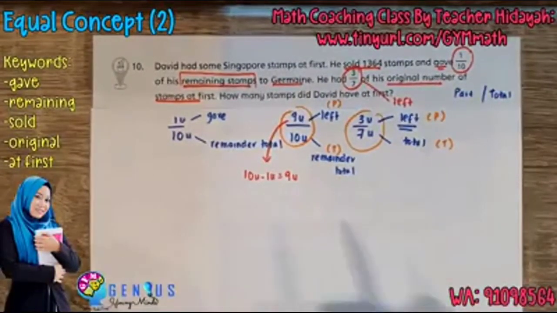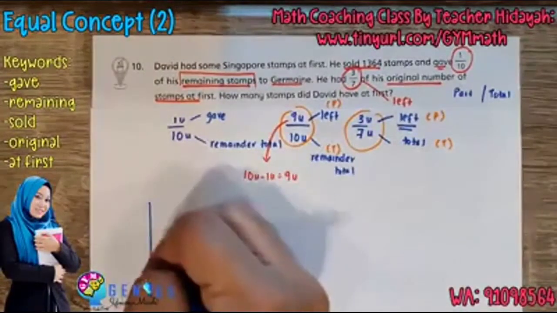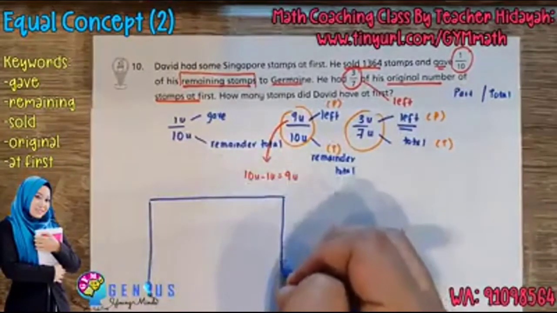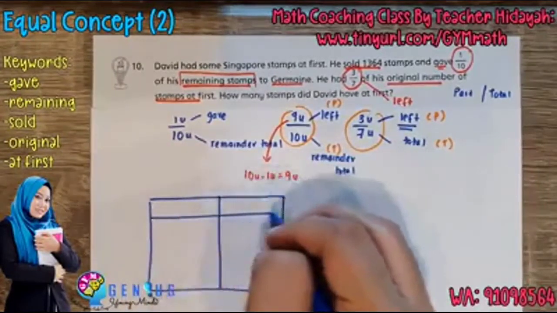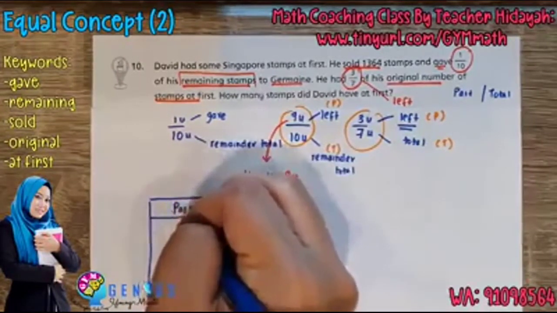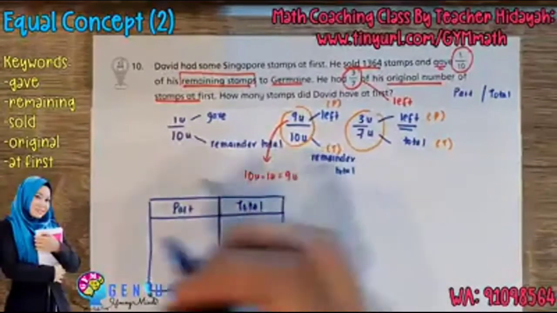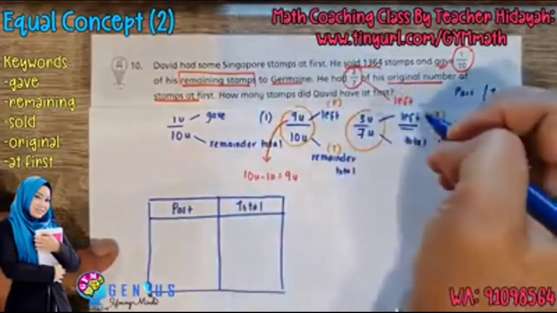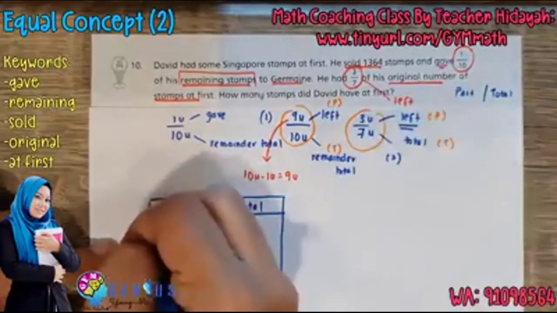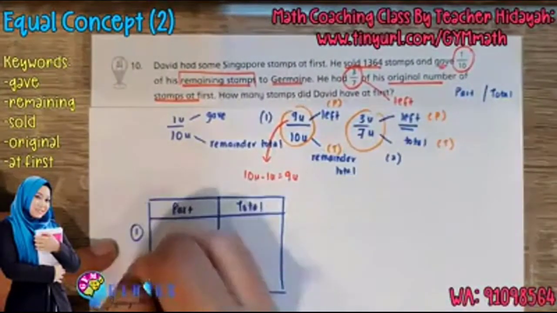So what I need to do next is draw out my equal concept table. Cut it into 2. Here is part, and here is total. Then here will be the first fraction, and this will be the second one.